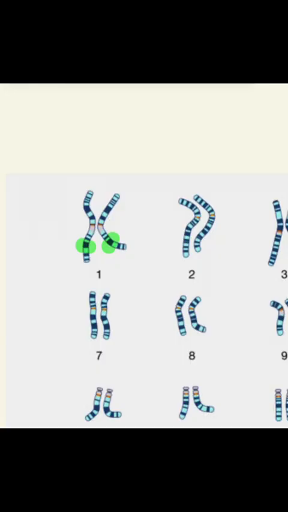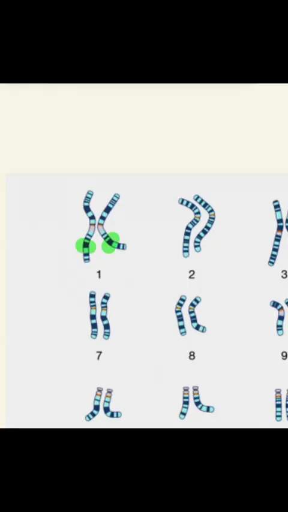So they both code for the same trait, but they code for a different eye color. So that one might code for brown eyes, whereas this one might code for blue eyes. So that's a good example of alleles, different versions of the same gene.